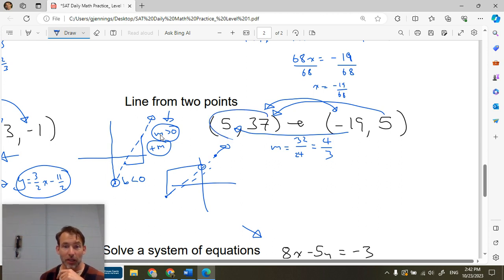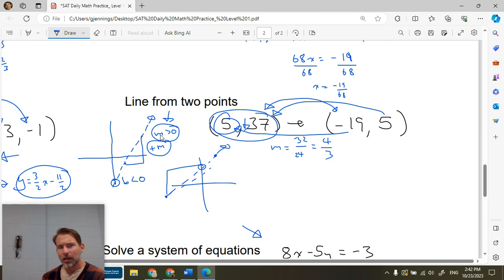And now another trick I can use is I know that I'm just going to apply that slope from 5 and go down from 37. So if I subtract 20 over 3 from 37, then that will do it. 37 minus 20 over 3. 37 written as thirds is the same thing as 111 over 3. Yes, indeed.